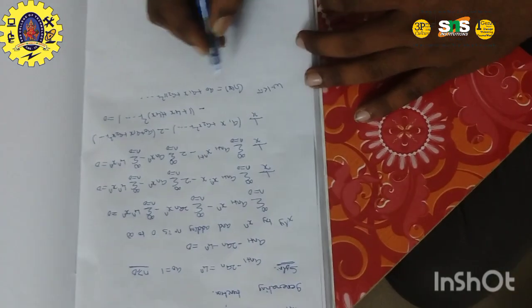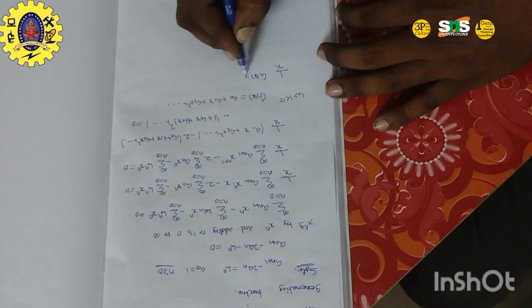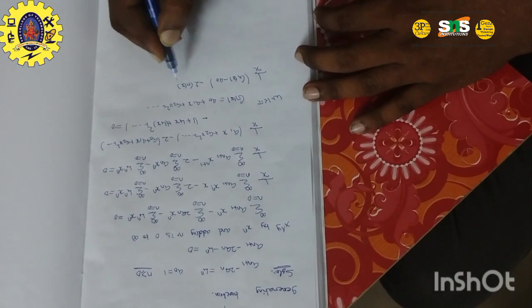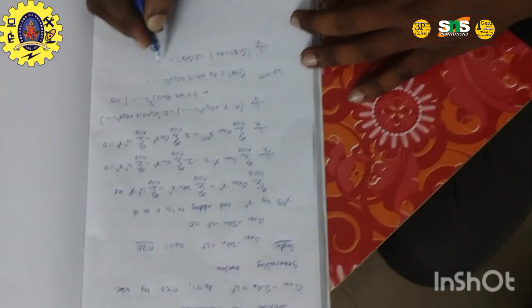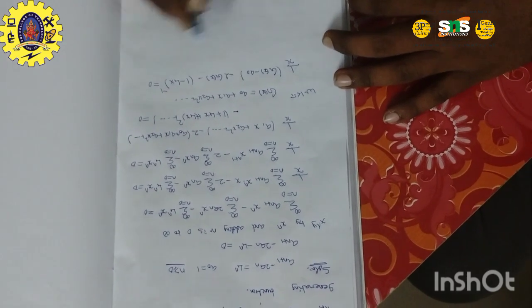Therefore this equation can be written as 1/x times (g(x) - a_0), minus 2 times g(x), minus the expansion of (1 - 4x)^{-1}, is equal to 0.